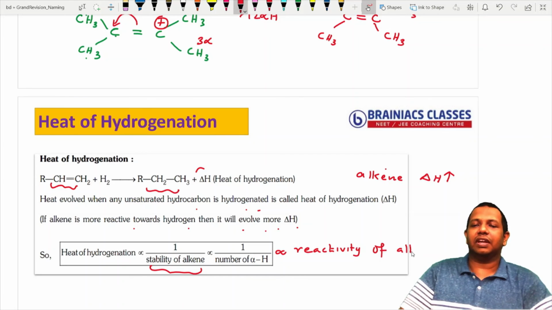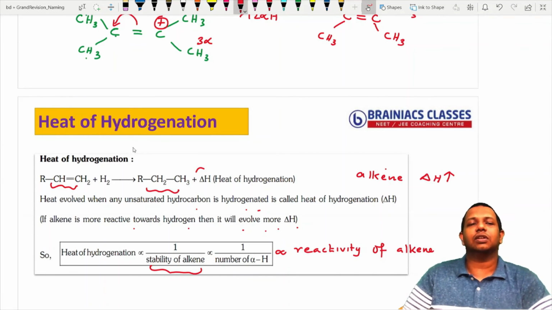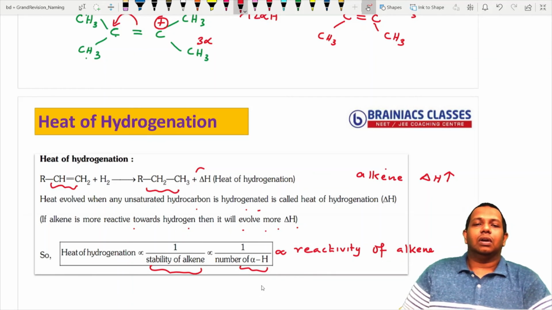So if somebody says that heat of hydrogenation of an alkene is very high, then I can say that its reactivity is very high. If reactivity is very high, then its stability will be very low. If somebody says that the heat of hydrogenation is very low, then I can say that alkene is very much stable. So if an alkene is very much stable, surely it will have more number of alpha hydrogen. Clear? This relation is very important.